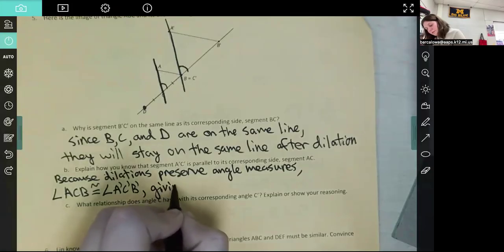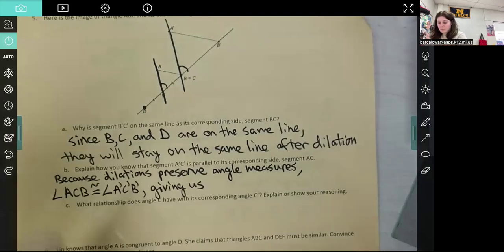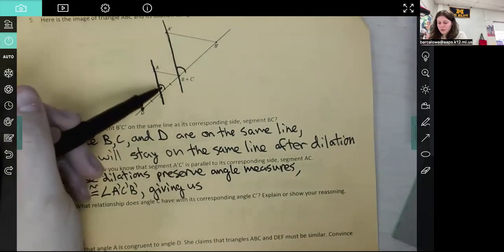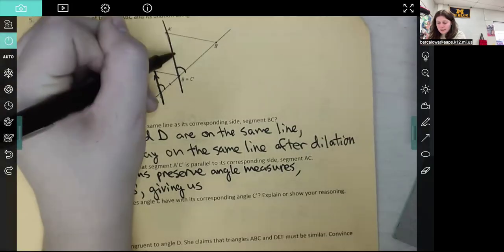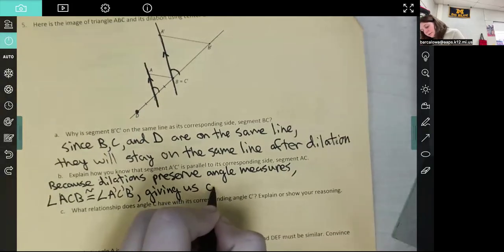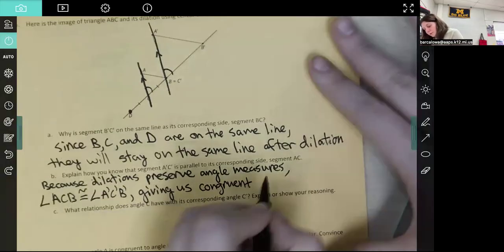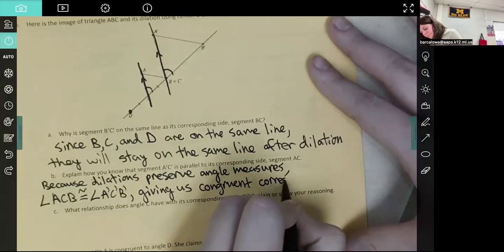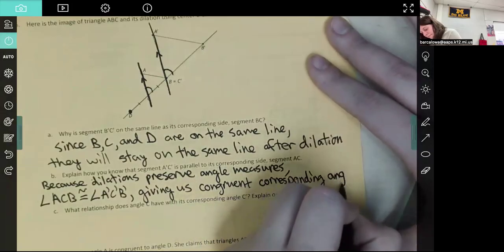Giving us, those are corresponding angles, right? If those angles are congruent, these lines are parallel, guaranteed. Giving us congruent, corresponding angles.